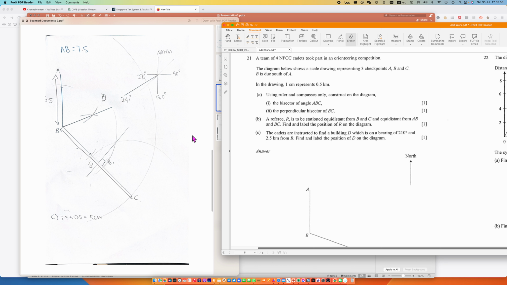Okay, extend it out. Next, angle bisector. I think your angle bisector is also a bit off. Let's see. Here, here, and after that I'm supposed to get it here. Okay, too short. Never mind.